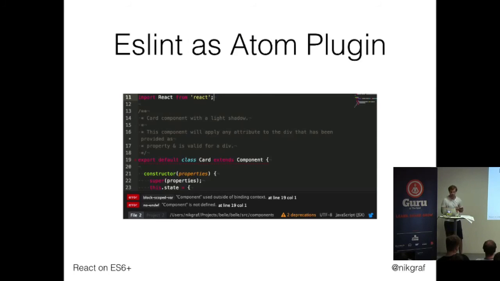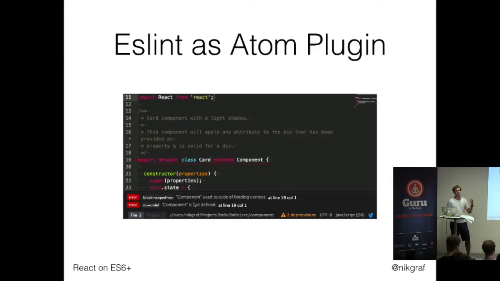I use ESLint in combination with Atom, so I code in Atom, and there I wanted to just demonstrate how it works. For example, in this code example, I took out a component from the import, and ESLint instantly underlined the faulty line with red dots, and shows me a hint that, in this case, there's something wrong.